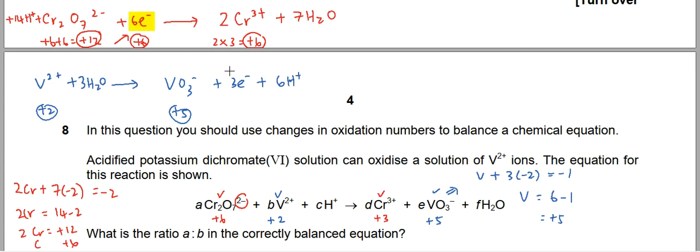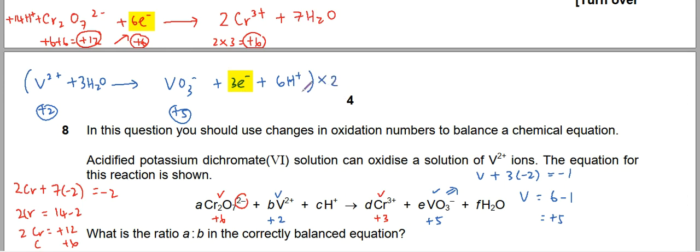So to finally balance both equations, combine the two equations together. What we need to do is make the number of electrons equal. The way to do that is we take this equation here and multiply by 2.